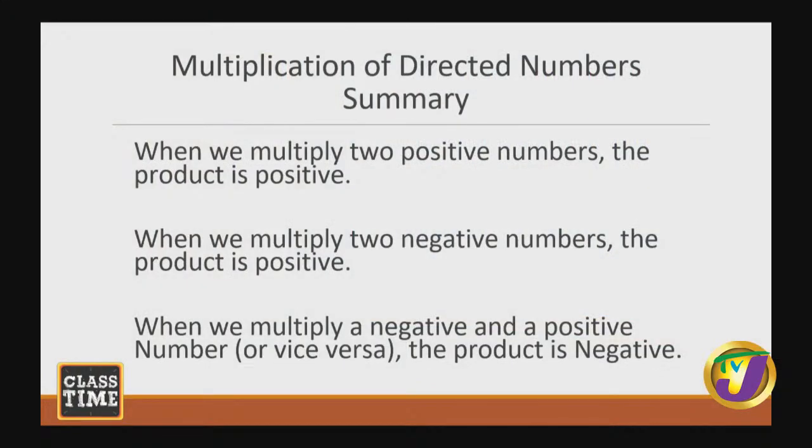And as a matter of fact, when you're writing it, you can probably write, it's going to be positive, sir, every single day and twice on Sundays. All right? Cool. And when we multiply a negative number by a positive number, we realize that the product is going to be negative every single day and twice on Sundays.